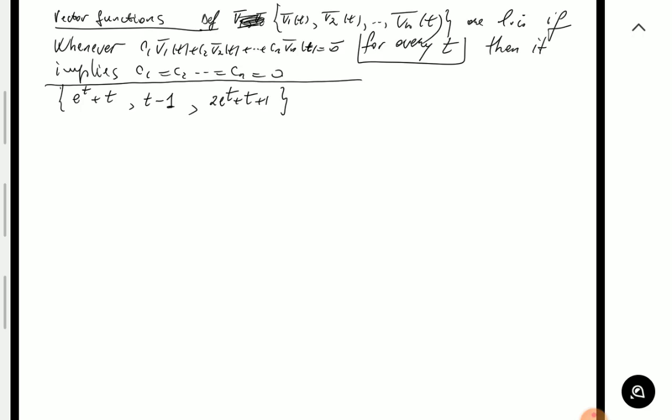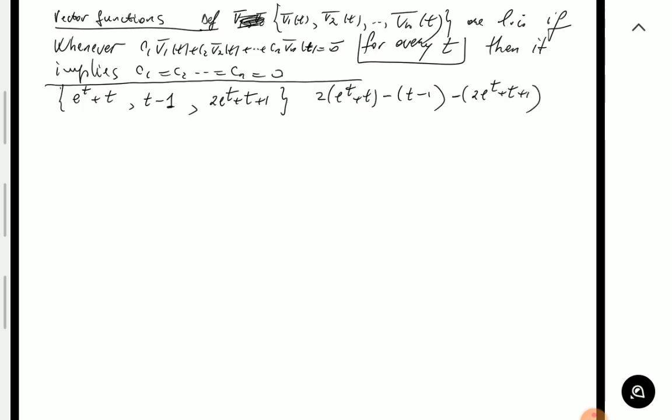So these are dependent, right? Because I can take twice the first minus the other, minus t minus 1, minus the other function.